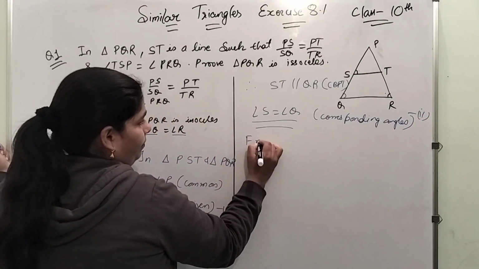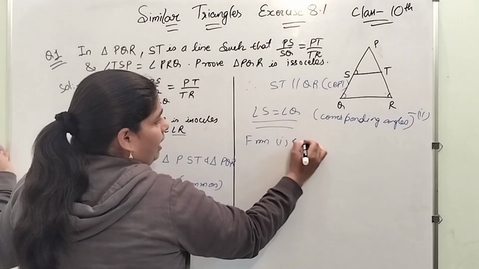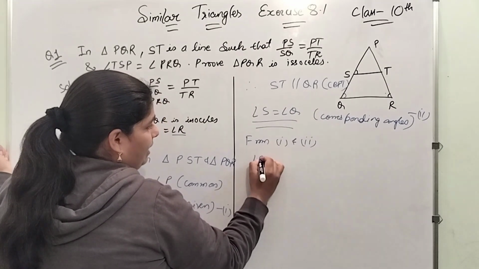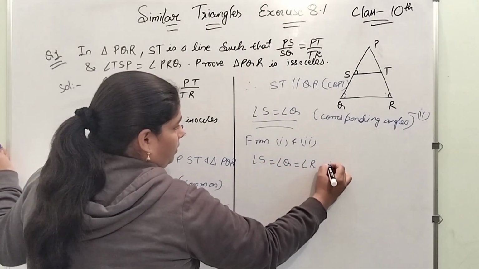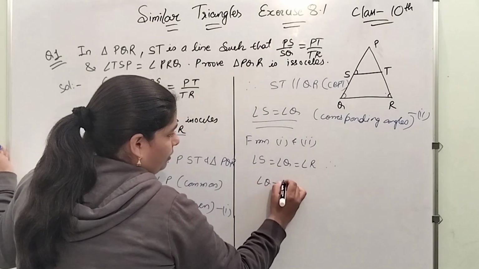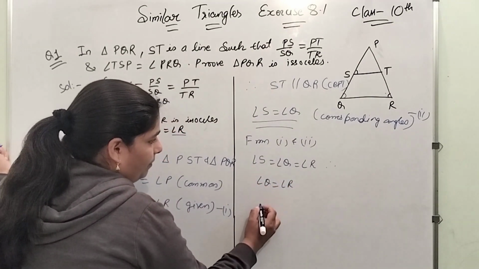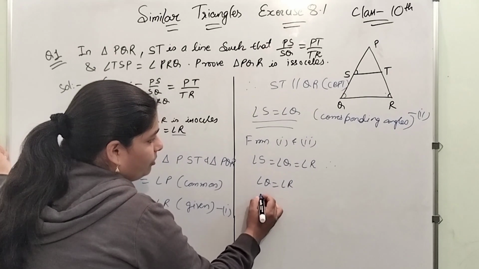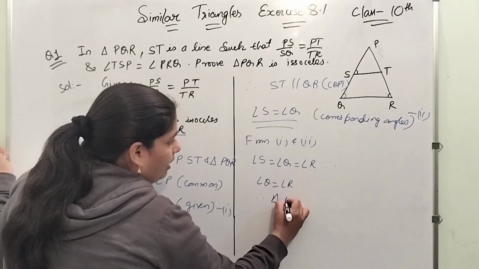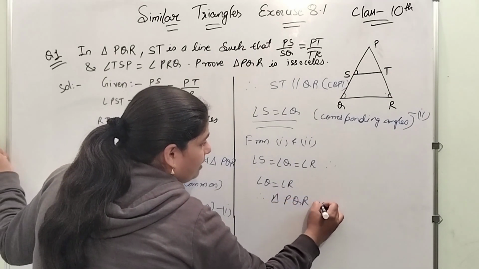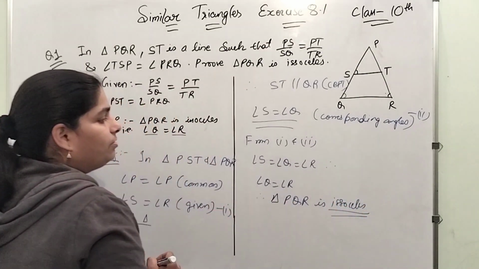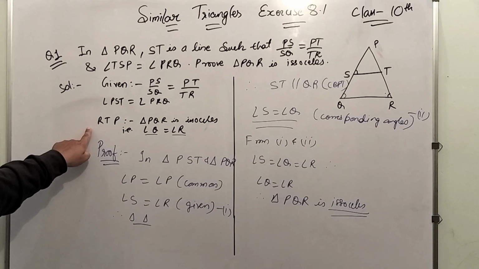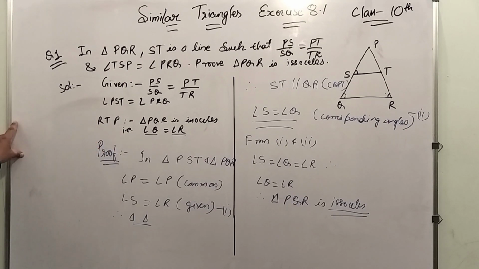Then, from 1 and 2, angle S is equal to angle Q is equal to angle R. Therefore, angle Q is equal to angle R. Therefore, triangle PQR is isosceles, which is the thing we are required to prove in the given question.